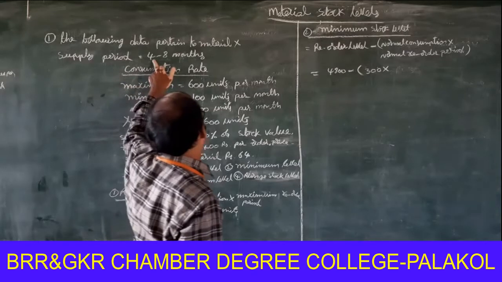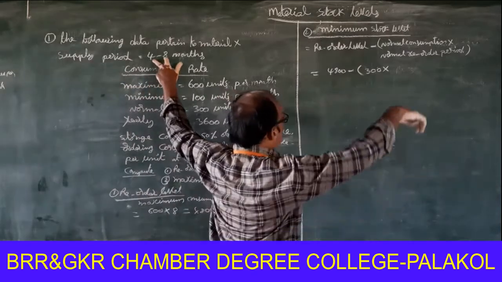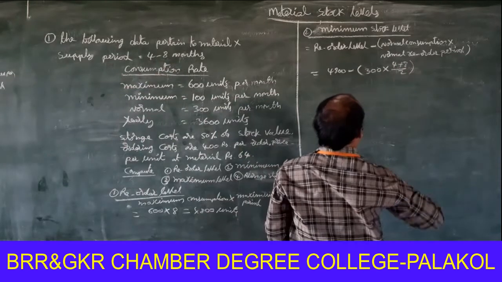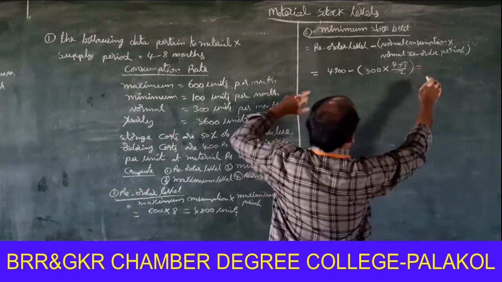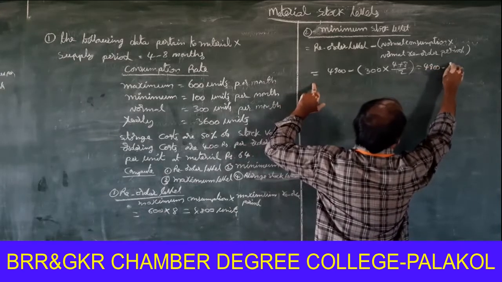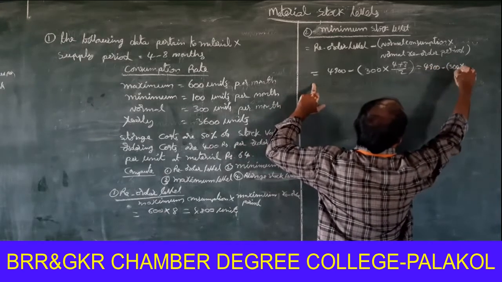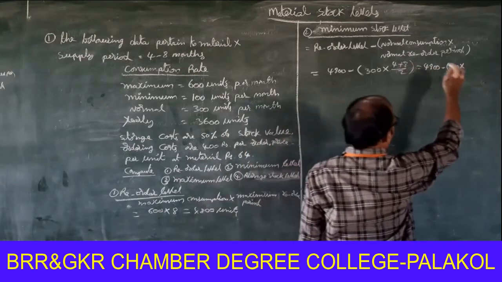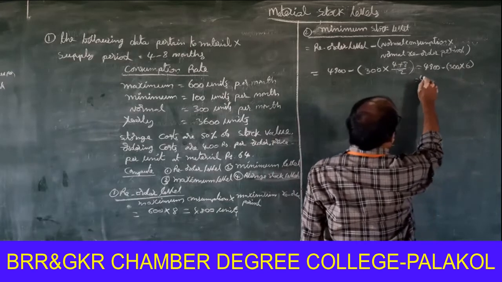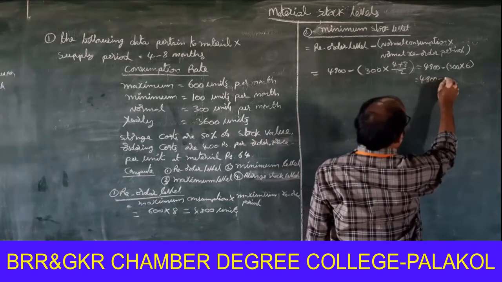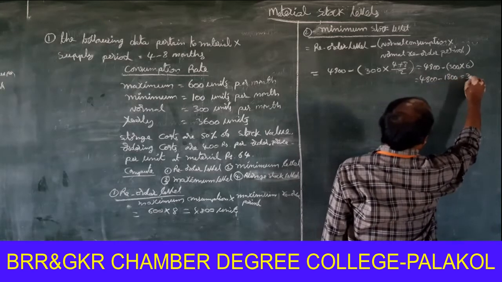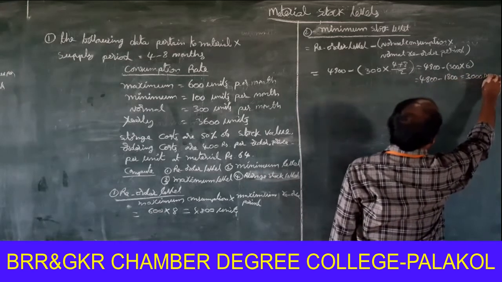The minimum reorder period is 4, maximum 8. That's why 4 plus 8 by 2. 4800 minus 300 into 4 plus 8 is equal to 12 by 2 is equal to 6. That is equal to 4800 minus 1800, that is equal to 3000 units is to be treated as minimum stock level.